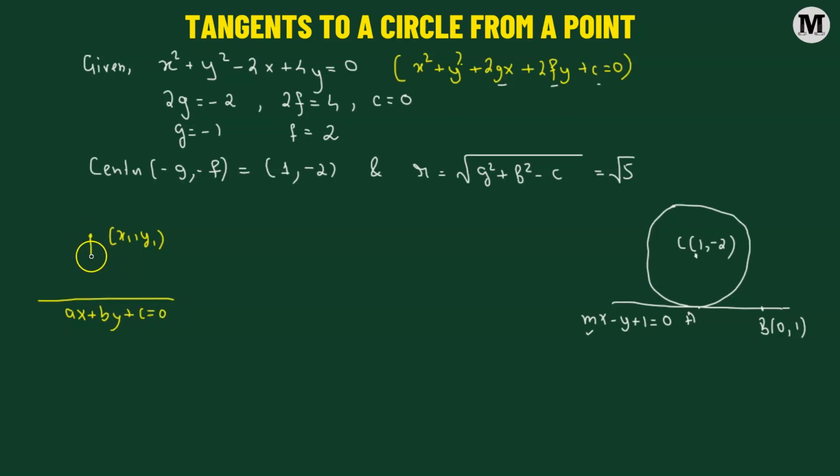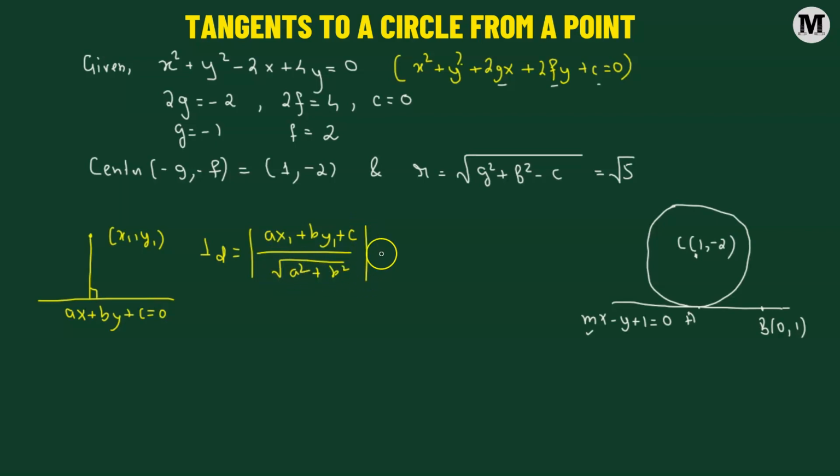If we drop a perpendicular from that point onto the straight line, then we can find this perpendicular distance, and it will be defined as the absolute value of ax1 plus by1 plus c divided by the square root of a squared plus b squared.